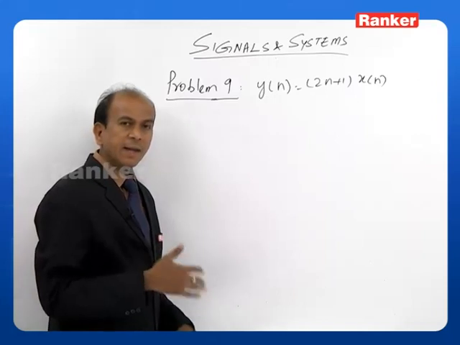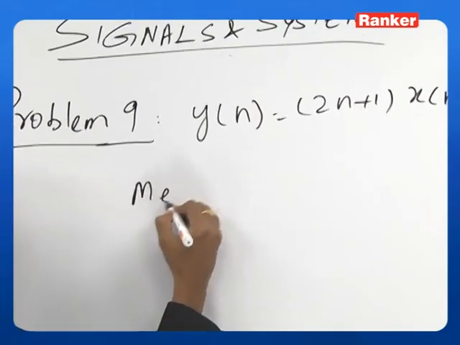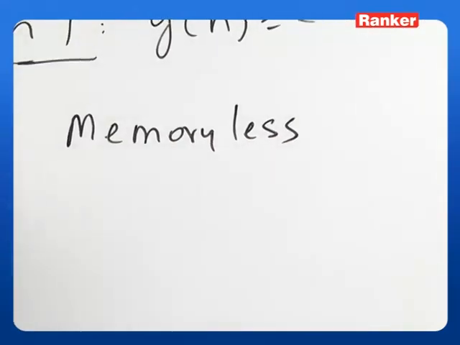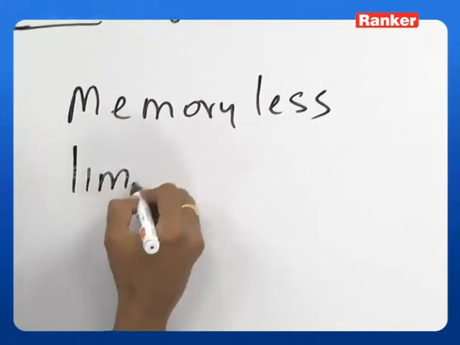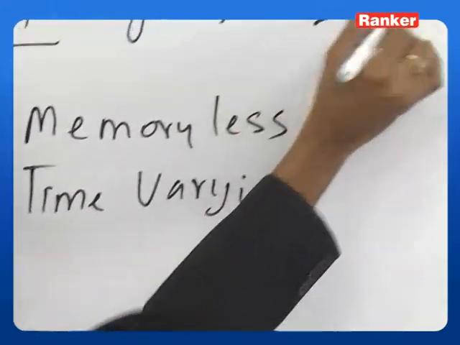Now, let us again analyze whether the system is a memory or memoryless system, is it time varying or time invariant, and whether it is a linear or a non-linear system. When you look at this, of course, this is memoryless again. This is a memoryless system and this is time varying because of the dependency on 2n plus 1.